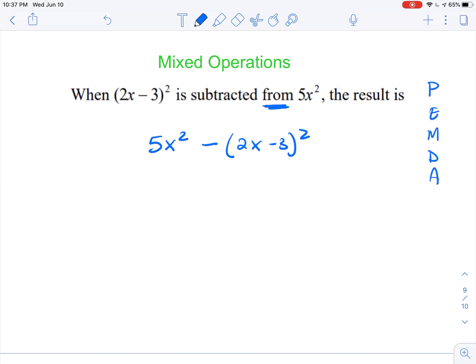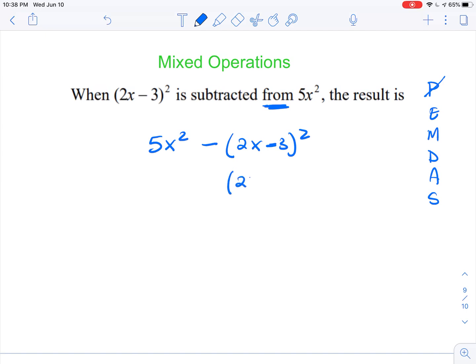Now, the one thing you want to remember when you have these mixed operations is that you want to follow PEMDAS, okay? Now, parentheses in terms of PEMDAS means simplifying whatever is inside my parentheses by combining like terms, if I can. There is nothing to simplify here, so we can move on to the next, which is exponent. So we do want to take care of that exponent before we move on to any subtraction or multiplication.